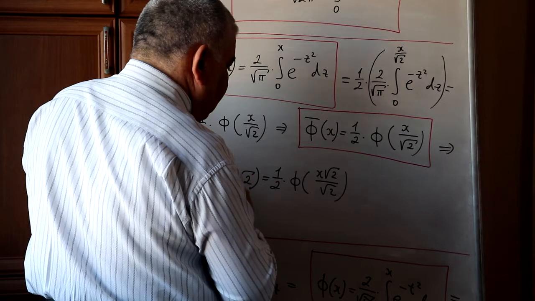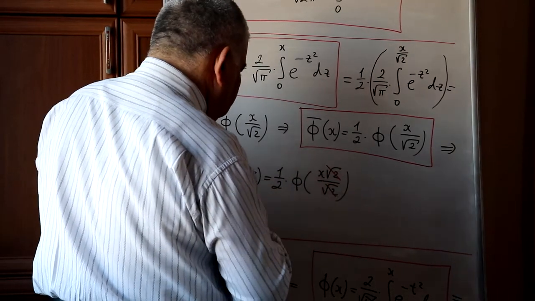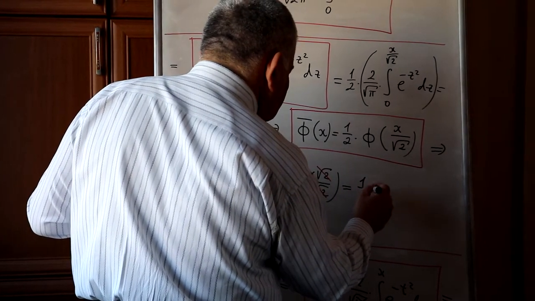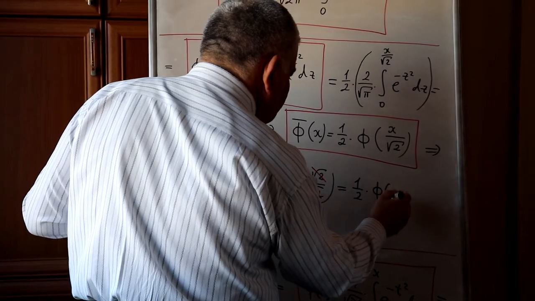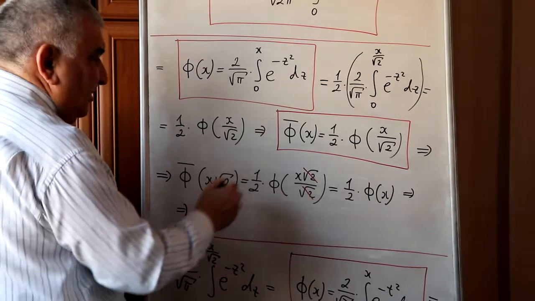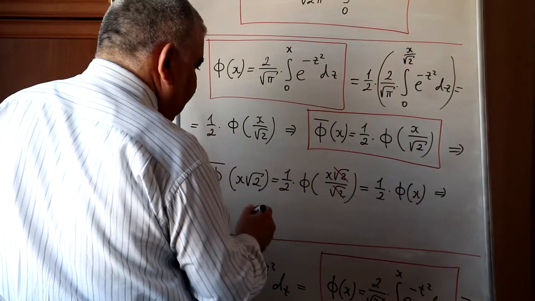Then the square root of 2 we can simplify, and therefore we will have 1/2 multiplied by phi of x. And we can obtain phi of x from this formula.